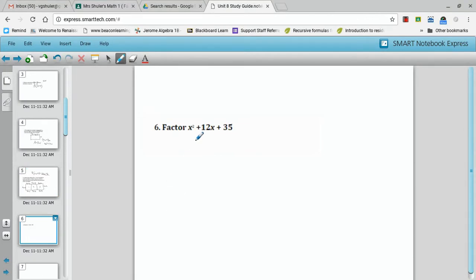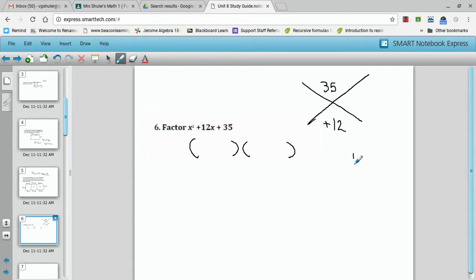Okay, factor, which means we're going to have 2 parentheses. And remember our X, sorry. The last term needs to multiply to be 35 and add to be our middle term of 12.